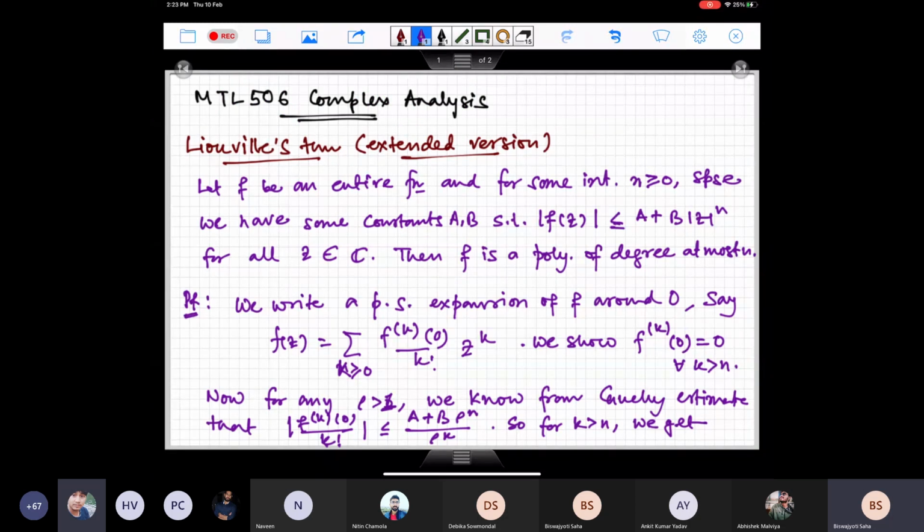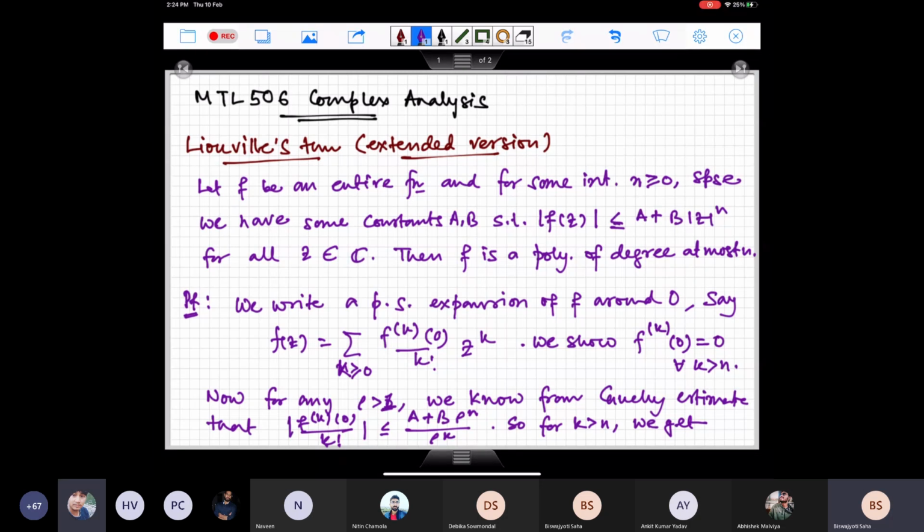So the proof is very simple the moment you take this Cauchy estimate and use the power series expansion. Okay, this is of course not the only possible proof. You can have several proofs. One can prove it by induction and all of that. But anyway, we have this.